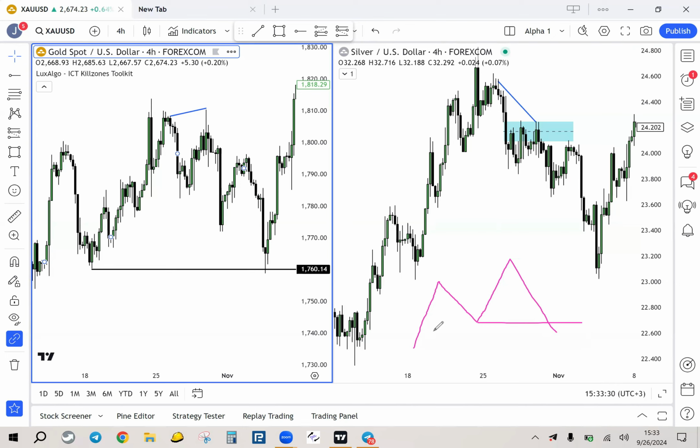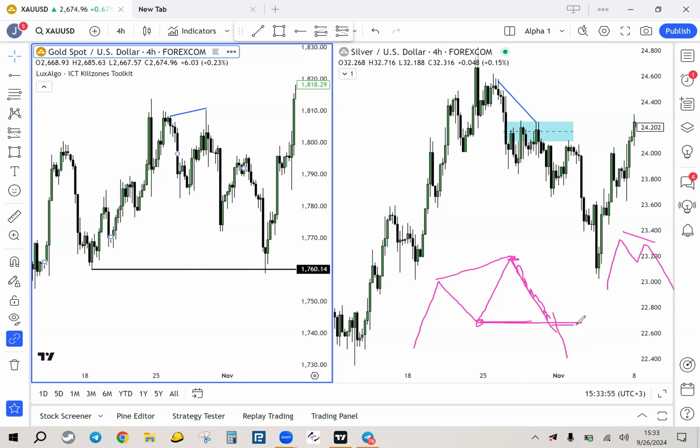So in these cases, let's say that you have the divergence, and from here till very close to that low, you don't have any fair value gap because price just goes down in a balanced way, okay? Without leaving any fair value gaps behind. So as it gets closer to this low, now you're going to see the fair value gap that forms.